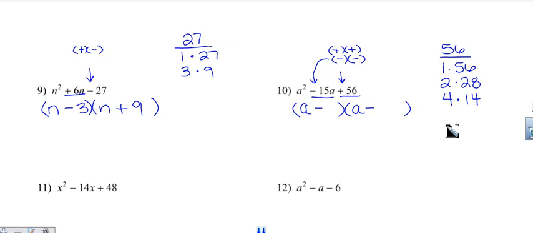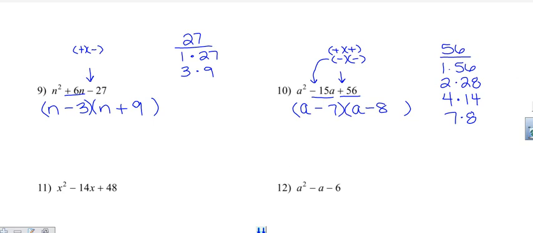Still not what I'm looking for. How about 7 and 8? I need two numbers that can multiply to give me a positive 56, but when I add them together, they will give me a negative 15. 7 and 8.